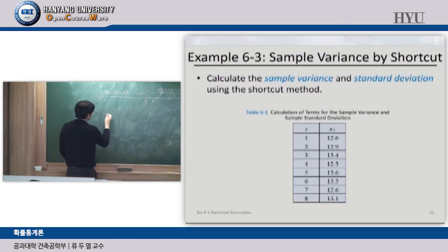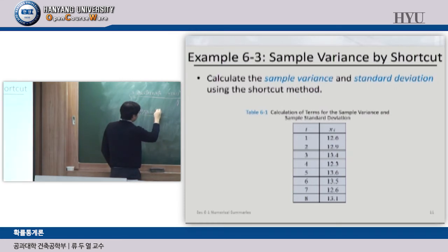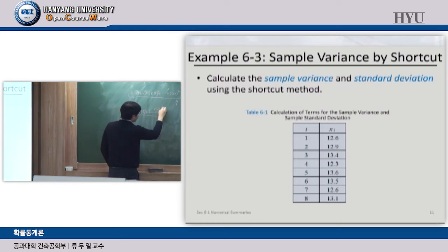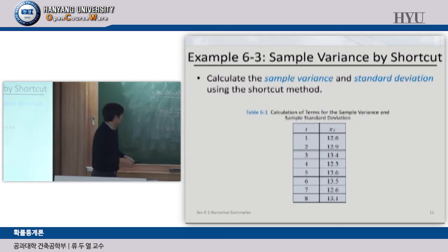And if you use your scientific calculator, that is equal to 1353.6 minus 104 square over 8, over 7. The answer is 0.286 pound square. Okay?